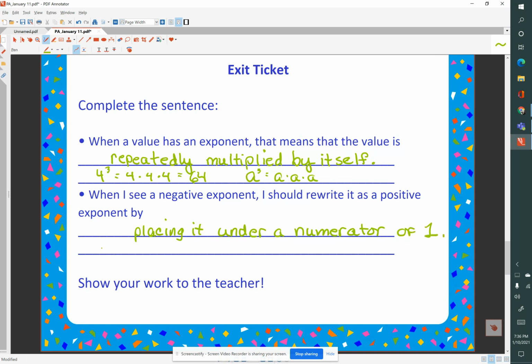So if I have 6 to the negative 2, I would rewrite that as 1 over 6 to the second. If I have a to the negative 3, I would rewrite that as 1 over a to the third.